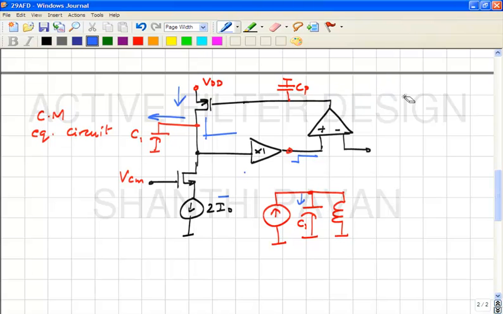Now, once Cc is put, there is another mechanism that is responsible for changing the potential of the gate of the PMOS transistor. And what is that?